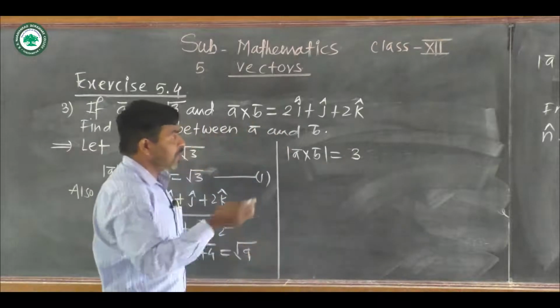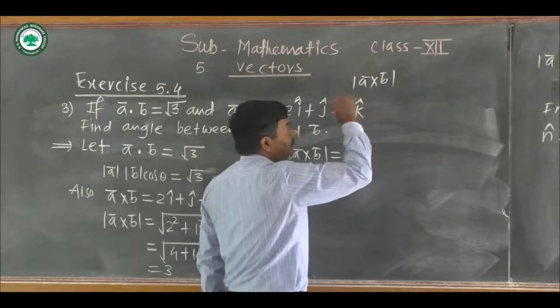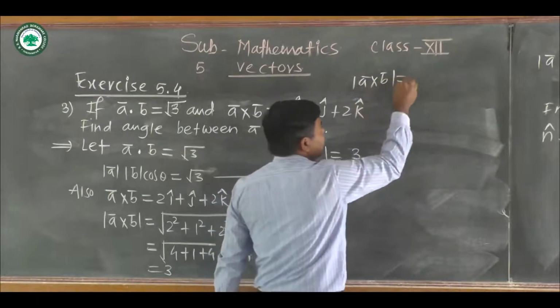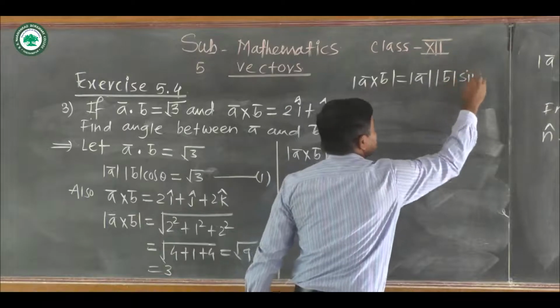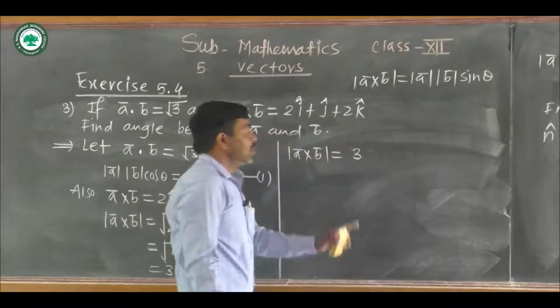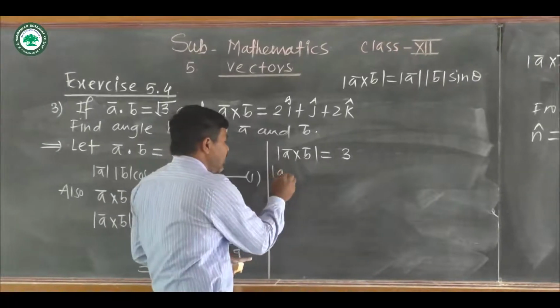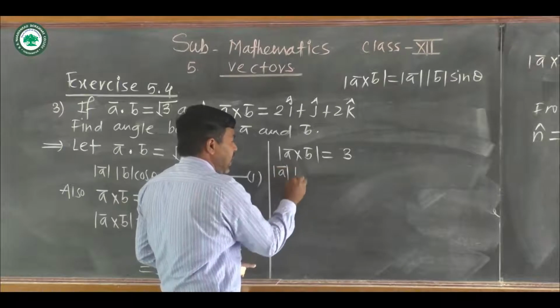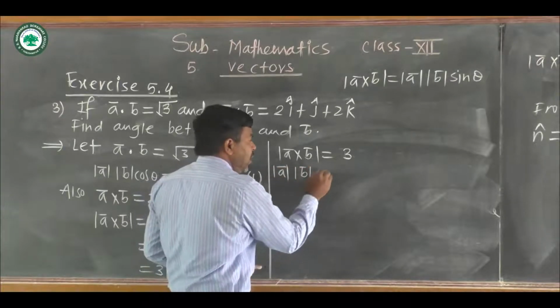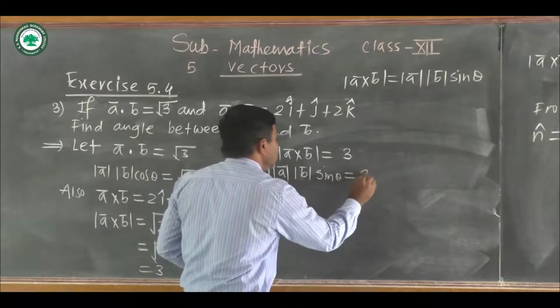But again, we have the definition of magnitude of A bar cross B bar that we have seen in the previous lecture. Magnitude of A bar cross B bar is equal to magnitude of vector A into magnitude of vector B into sine theta. So by this definition, magnitude of vector A into magnitude of vector B into sine theta is equal to 3.